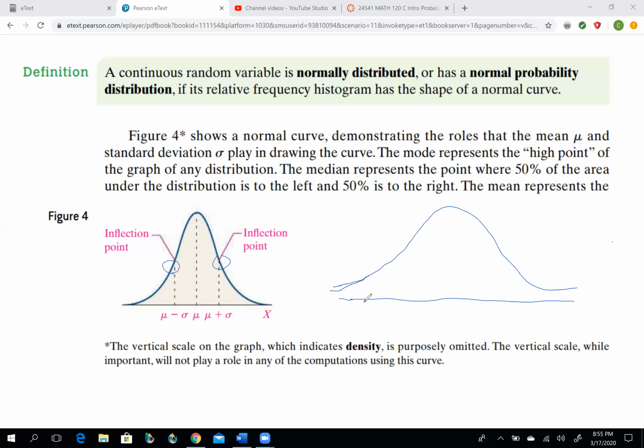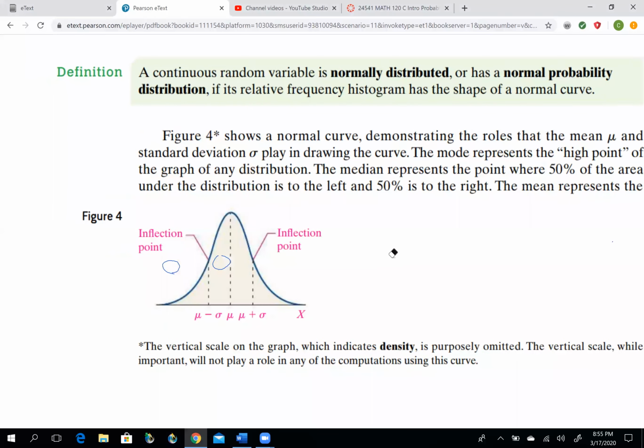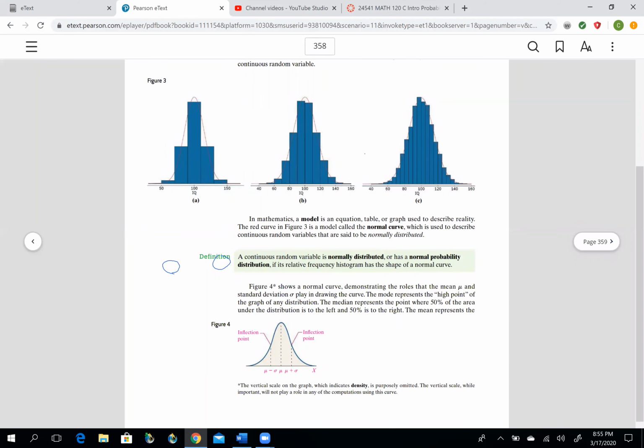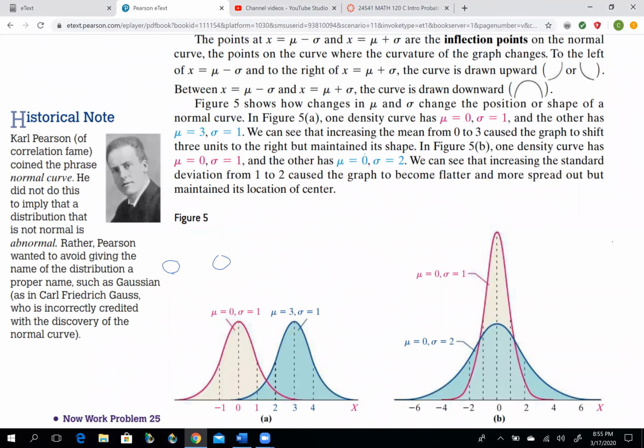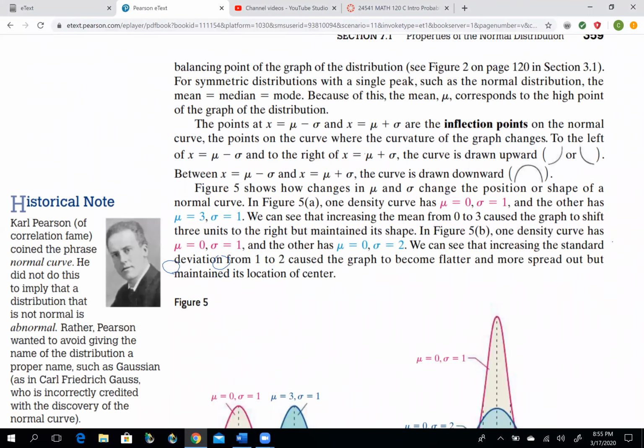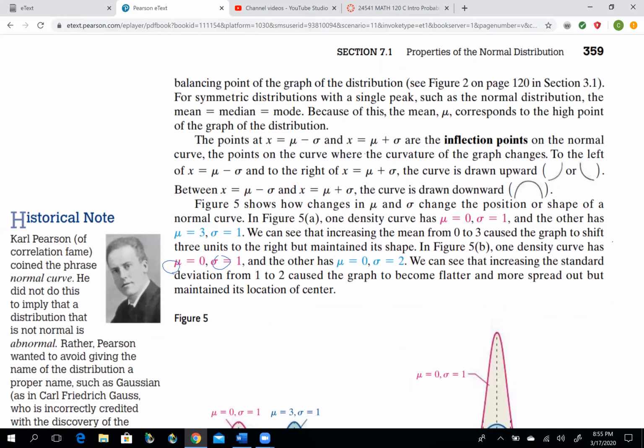Let me erase this. So now let's go to the next page. Okay, guys, again, the points at x equal to mu minus 1 standard deviation and mu plus 1 standard deviation are the inflection points on the normal curve.